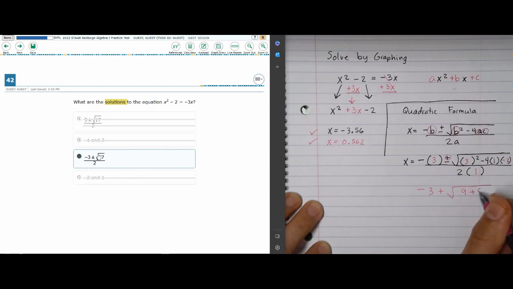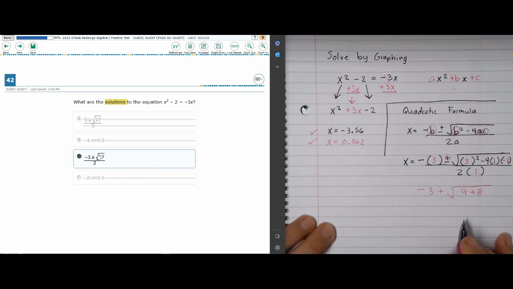So positive 8, draw my line, and 2 times 1 is 2. So if I were to continue to write this, I would end up with negative 3 plus the square root of, and 8 plus 9 is 17, over 2.